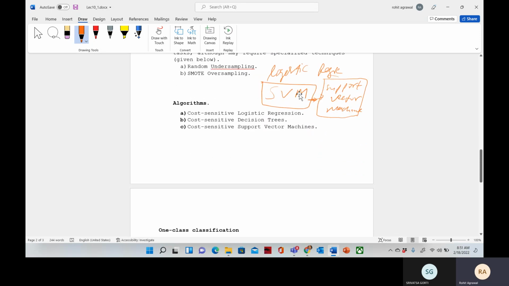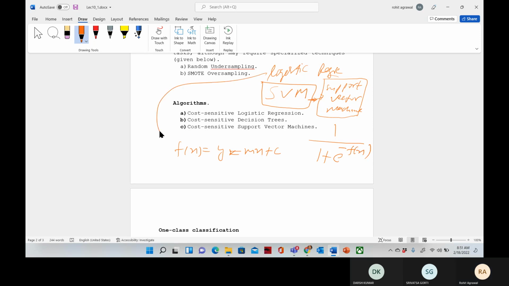Logistic, yesterday I gave you the mathematical definition, if you remember. f of x equals y equals mx plus c. This is regression, linear regression. And for logistic, just do 1 upon 1 plus e to the power minus f of x. If you remember yesterday's class, this is your real value from minus infinity to infinity, and this will be your 0 to 1.